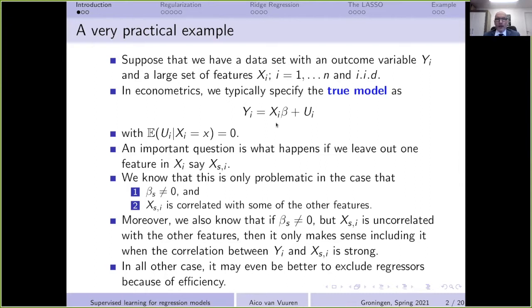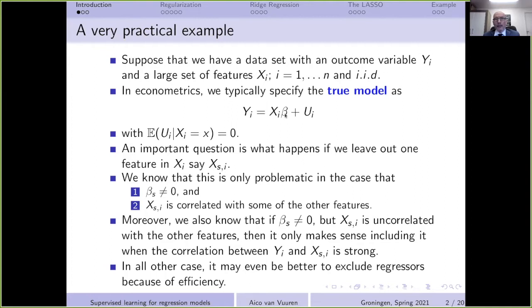But that is maybe not the most important assumption for us right now. The most important assumption for the rest of the talk of today is that we do assume that we know how this factor looks like. That is to say, that we know exactly the regressors in econometrics that we have to include.